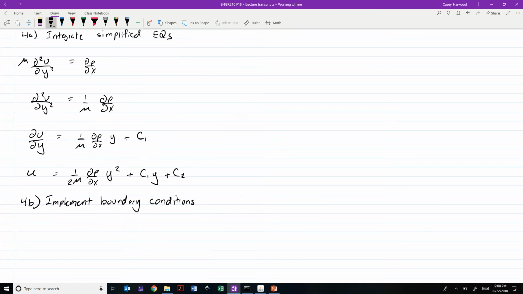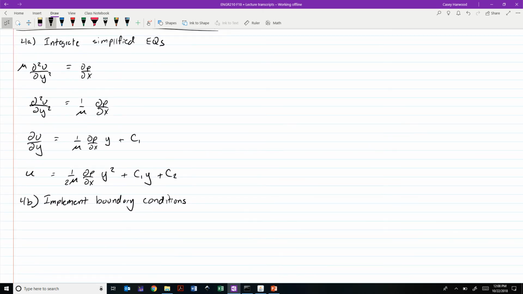So for example, for this example, if we've got our parallel plates and we've got the flow moving between them, what can we say about the flow velocity right here at the wall? It's 0.